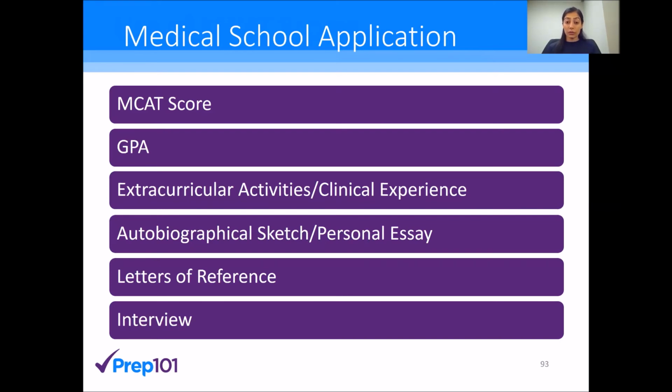All the other components on this page are either equally important or more or less important, but you cannot forget their consideration, okay? So the MCAT is super important, but things like extracurricular activities, especially the type of clinical experience that you obtained through those activities, and having a competitive GPA are also extremely key to your application cycle.